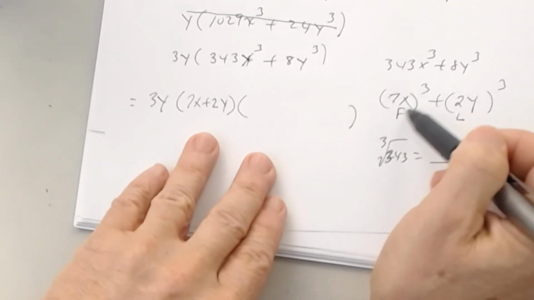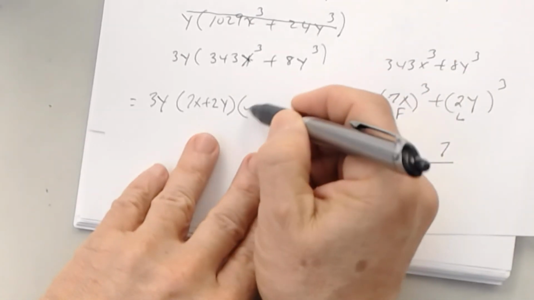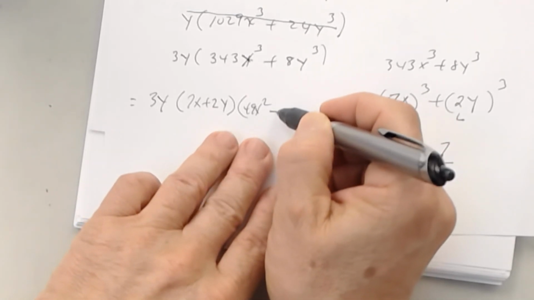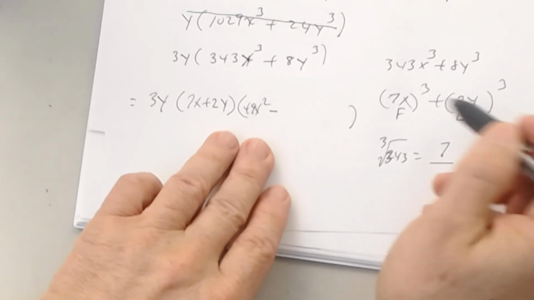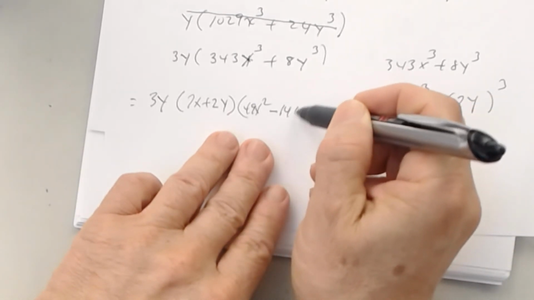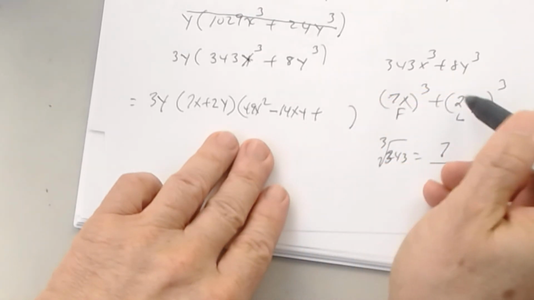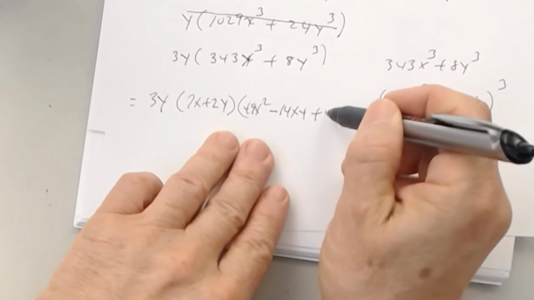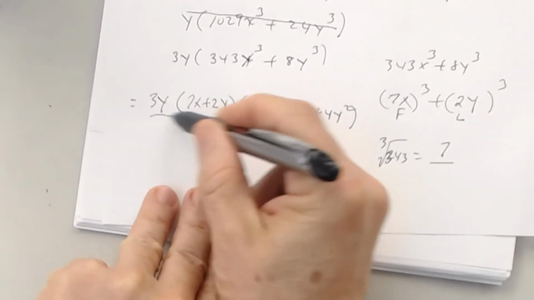What's 7x times 7x? 49x squared. Minus or plus? Minus. Good. F times L. 14xy. Plus L times itself. 4y squared. And there's your answer.